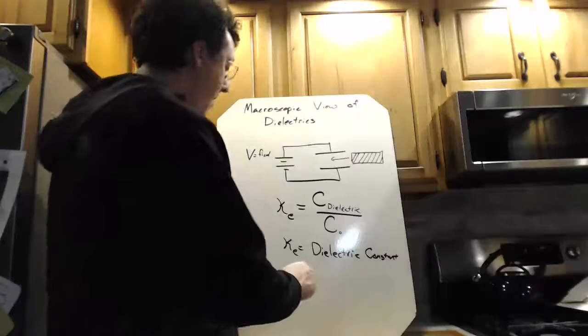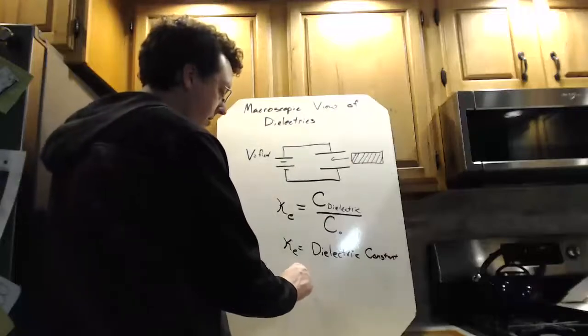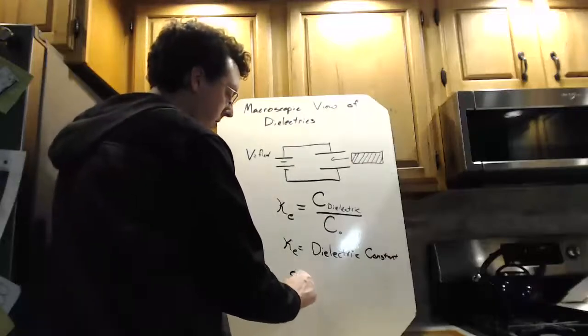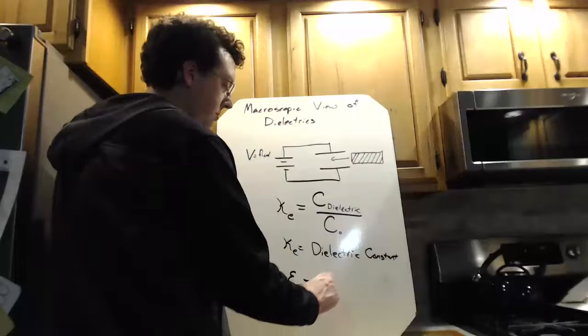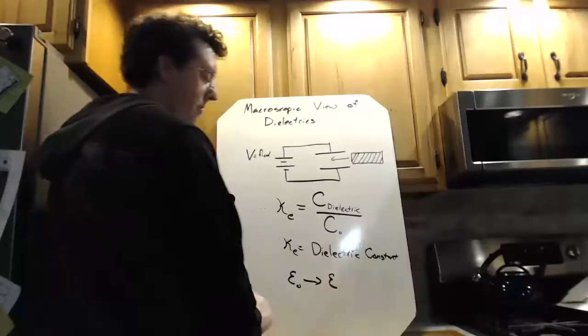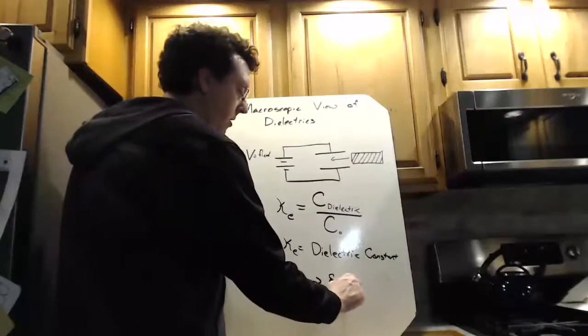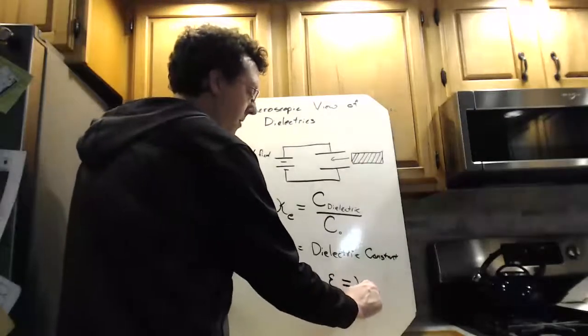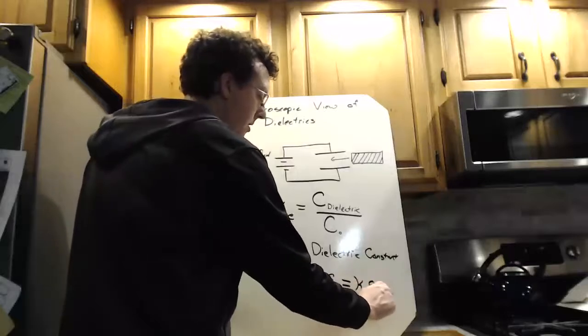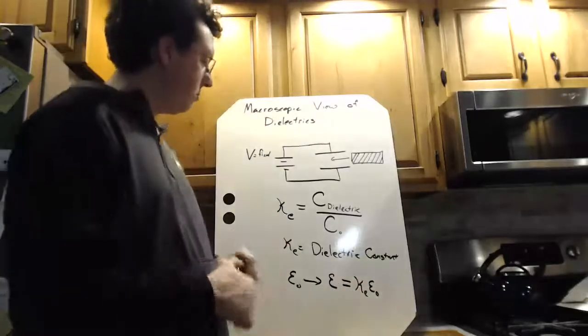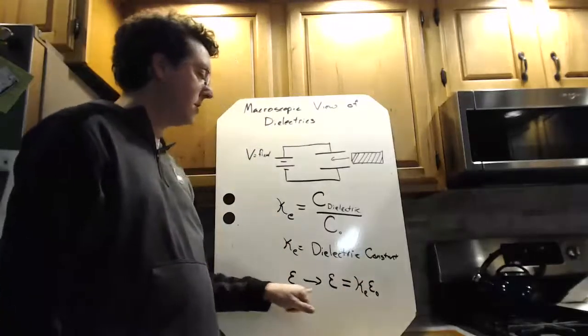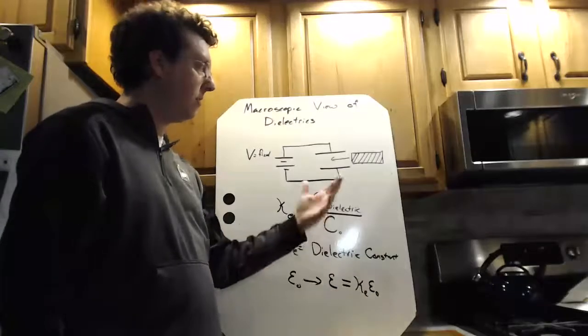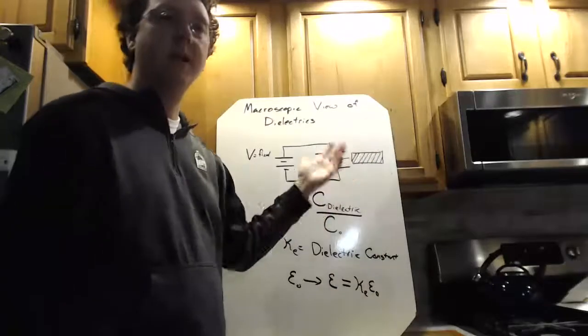So epsilon naught is replaced with epsilon, which is defined to be kappa times epsilon naught. So you replace the permittivity of free space with the permittivity of, I don't know, rubber or something like that.